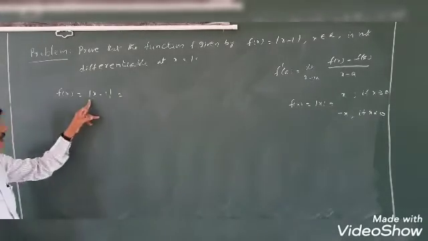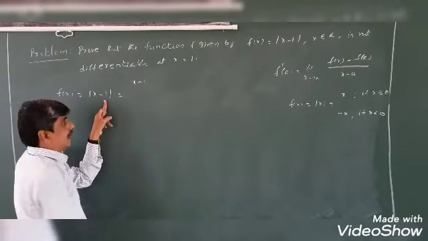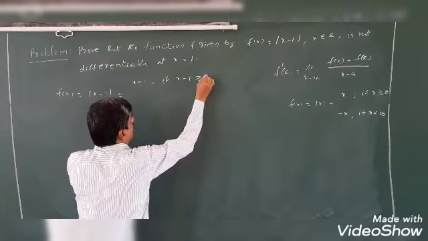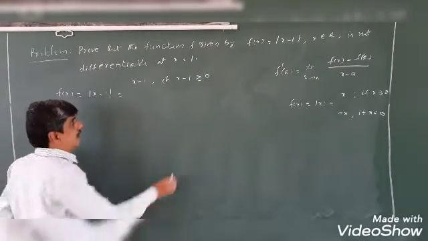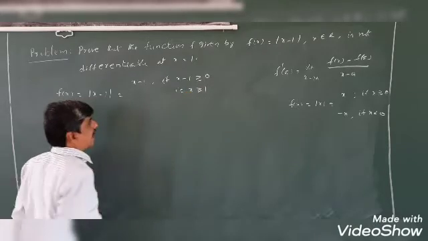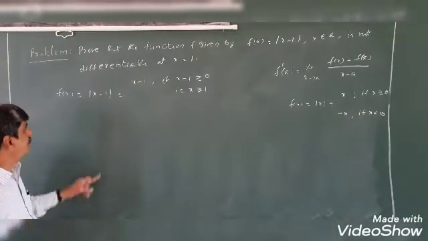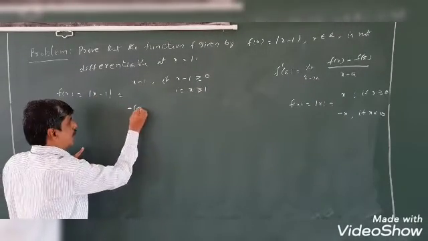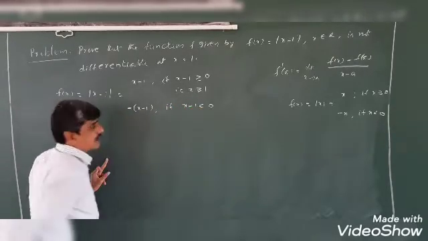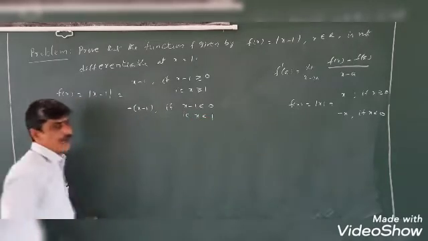Using that, modulus of x minus 1 is equal to plus of x minus 1 if x minus 1 is greater than or equal to 0. That is, x minus 1 greater than or equal to 0 means x is greater than or equal to 1, f of x is equal to x minus 1. Modulus of x minus 1 is equal to minus of x minus 1 if x minus 1 is less than 0, that is, x less than 1.